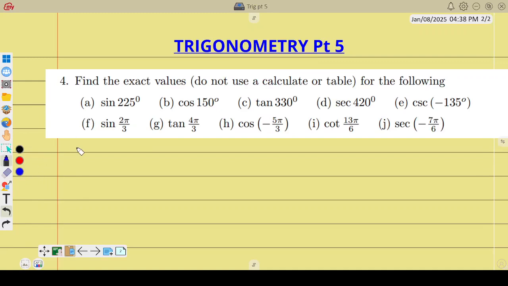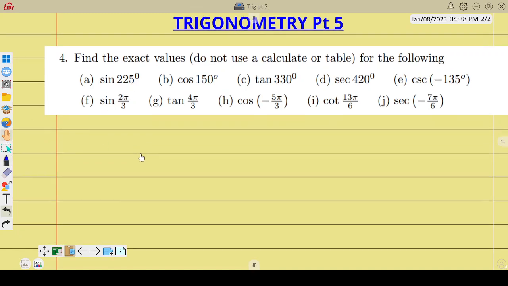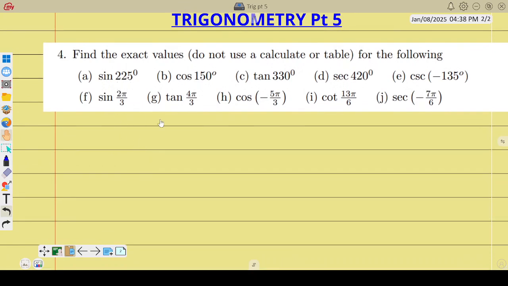So we start with the baby questions. They're saying find the exact values of these. We'll see if we answer all of them. Starting with the most basic one, sine 225.